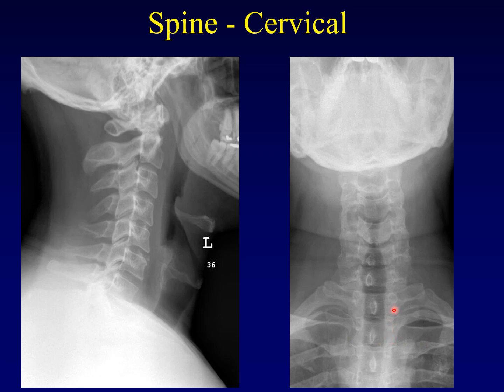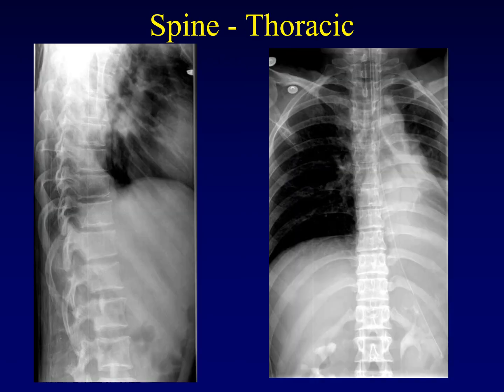When we look at the cervical spine in a frontal projection, you can see that they're shaped like little cups, each one supporting the one above it. In the thoracic spine, the curvature is in the opposite direction. Here, on this lateral projection, there is a curve with the apex dorsal towards the back.